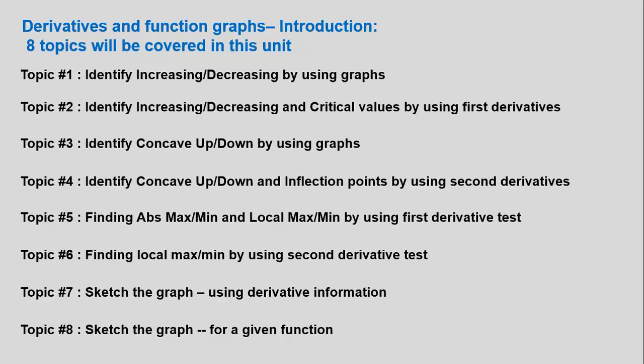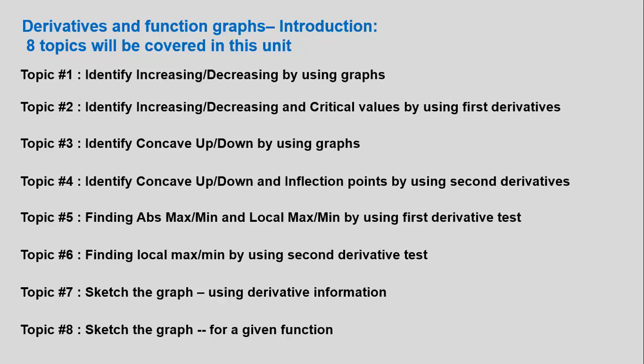After these practice sets, you should have a very good idea about increasing, decreasing, critical points, inflection points, and max and min. Then the last 2 practice sets combine all this information to sketch graphs. In practice set number 7, we sketch the graph using only derivative information.